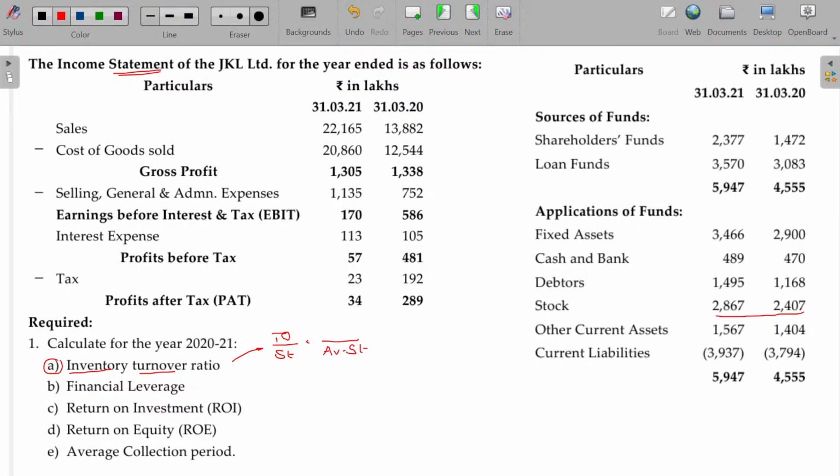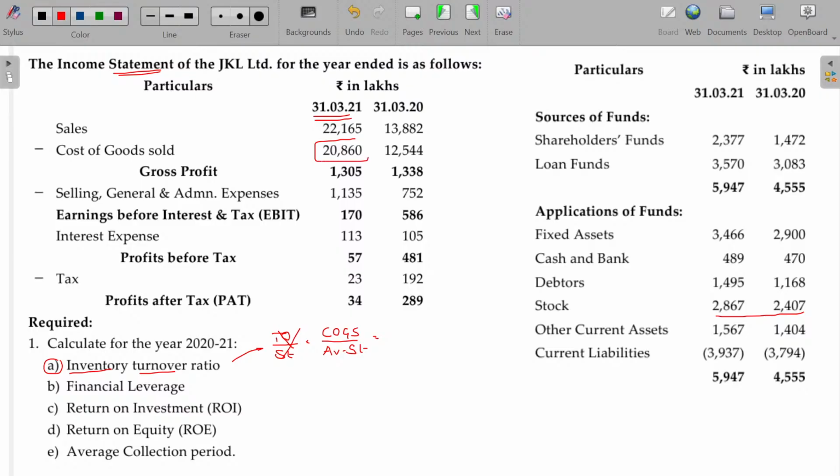Usually, stock will be valued at cost, so rather than taking the turnover sales, we can take the cost of goods sold. This one is not required, but anyhow, to understand easily, I have given this one ahead. So, cost of goods sold divided by average stock is the correct one. We are going to calculate all the ratios for the current year, latest year.